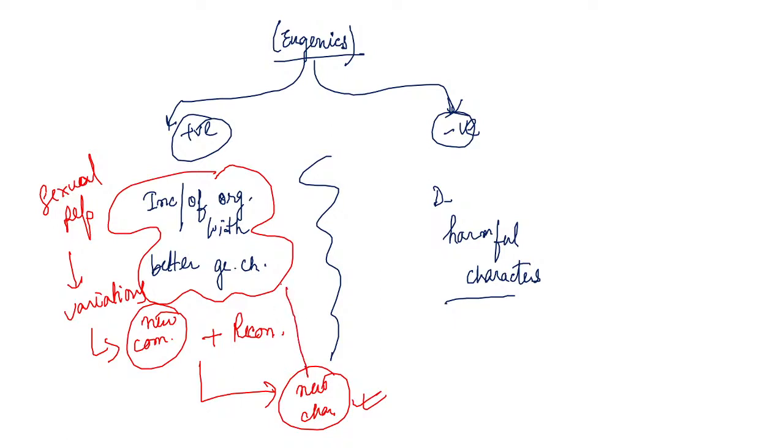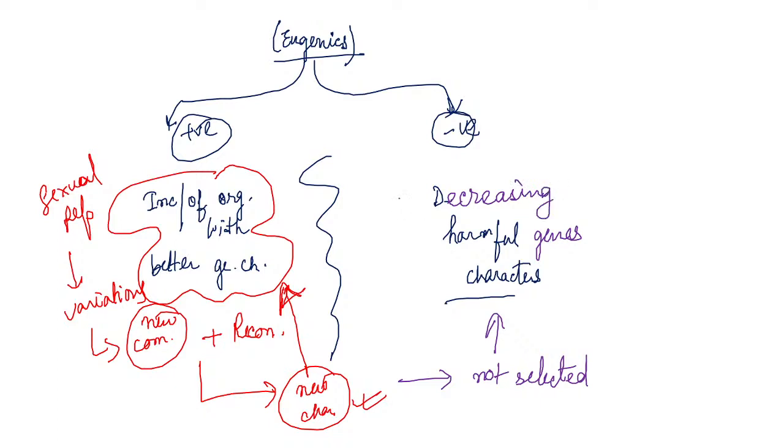So we will get a better organism with better genetical characters. But if this new character is not selected by the environment, then it will give rise to harmful characters or harmful genes, and these harmful genes will cause the organisms or the humans to decrease.